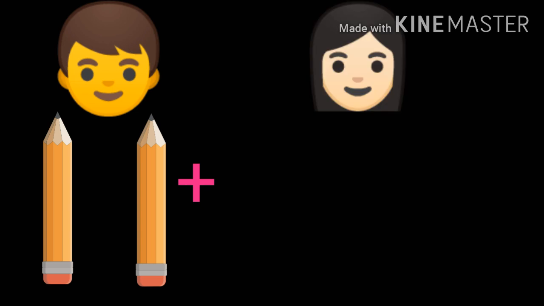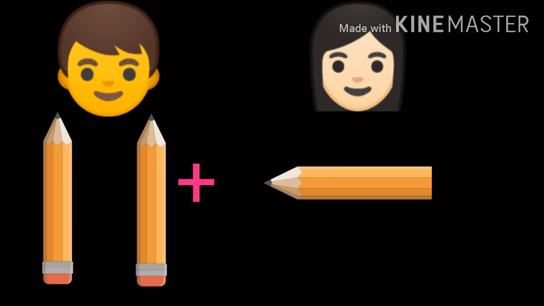This boy had 2 pencils. After a while, his sister came and gave 1 more pencil to her brother. Children, look at the screen. She is giving 1 more pencil to her brother.